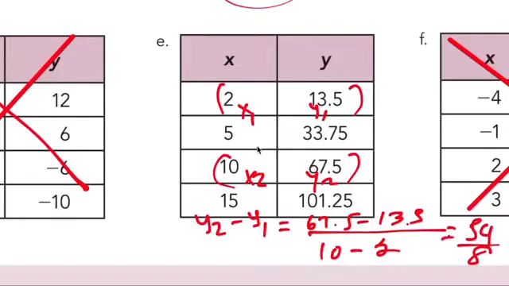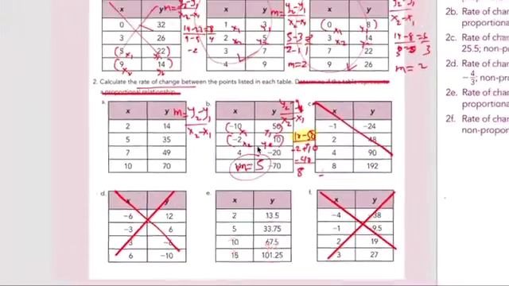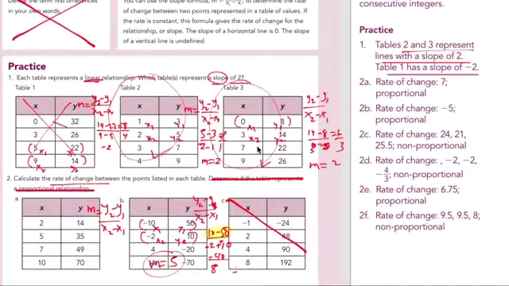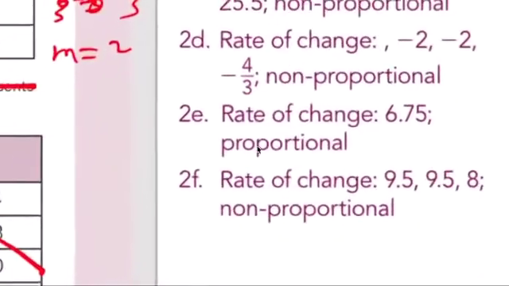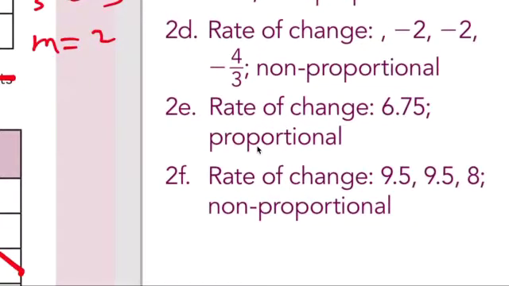Which is reduced by 2, which is 27 over 4. Yep. E is 27 over 4. Rate of change, okay.